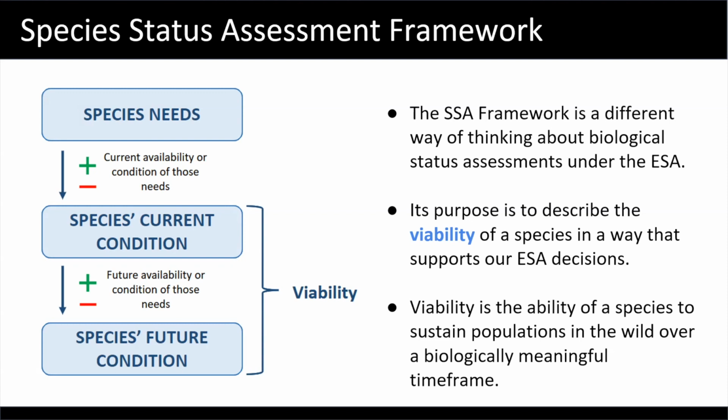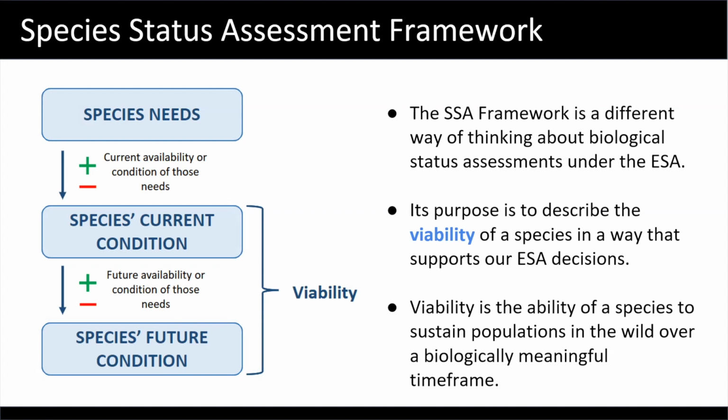They are a systematic, peer-reviewed way of characterizing the species' resiliency, redundancy, and representation, or what we'll call the 3 Rs, which we also use to characterize viability. Resiliency is the ability to sustain populations in the face of stochastic events, or for populations to recover from years with low reproduction or reduced survival.